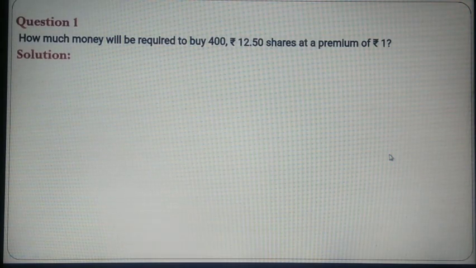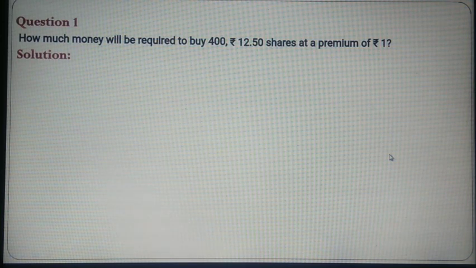Okay, so the question says, how much money will be required to buy 400 rupees 12.50 shares at a premium of rupees 1. To understand this sentence, you need to first understand the earlier video, because in that video it is already mentioned how to understand the questions.